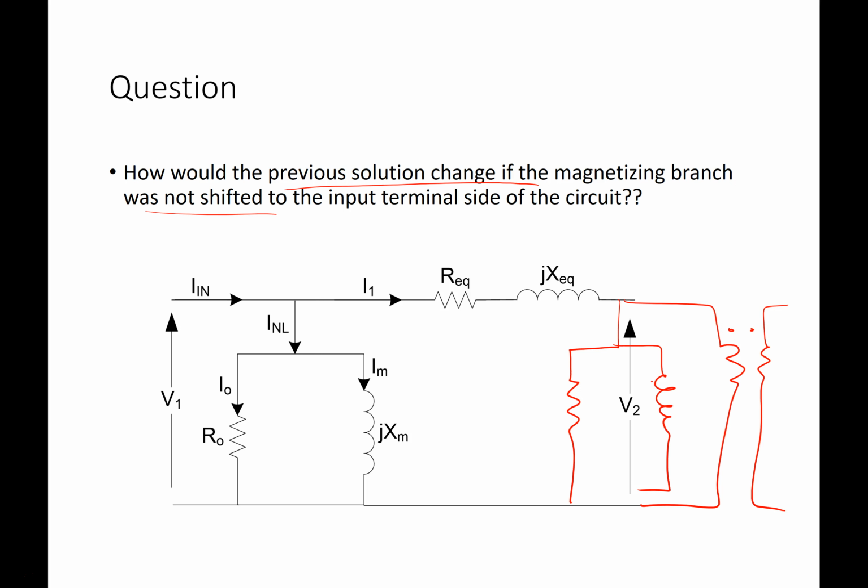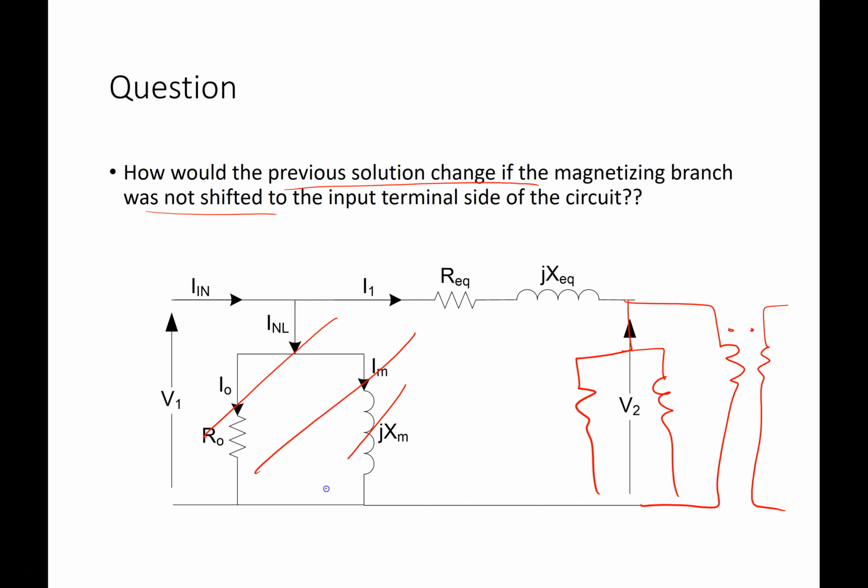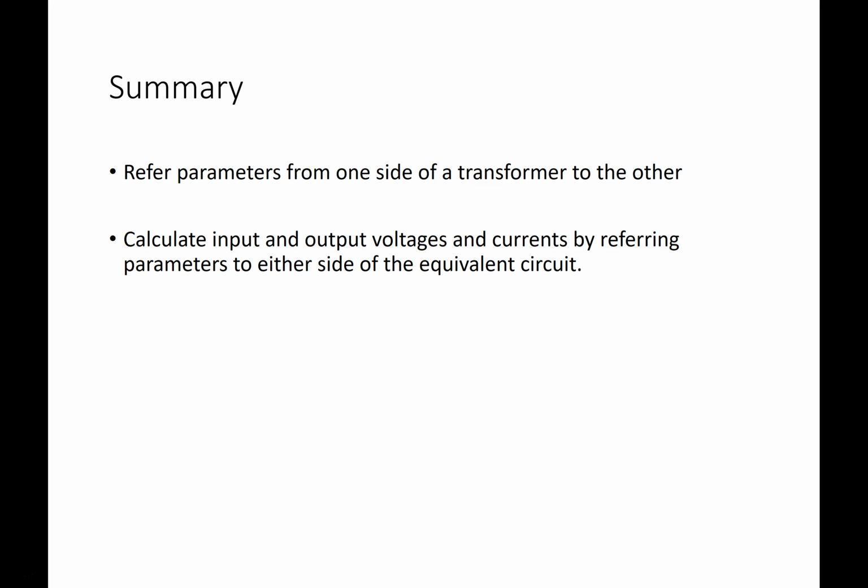And we said for simplicity we are going to move it to this side. But what happens if we didn't do it? What happens if we left it on this side and took it off from here? So that's what I want you to look at. What would be the difference in the results? And then you could see whether it works as a simplification or not.